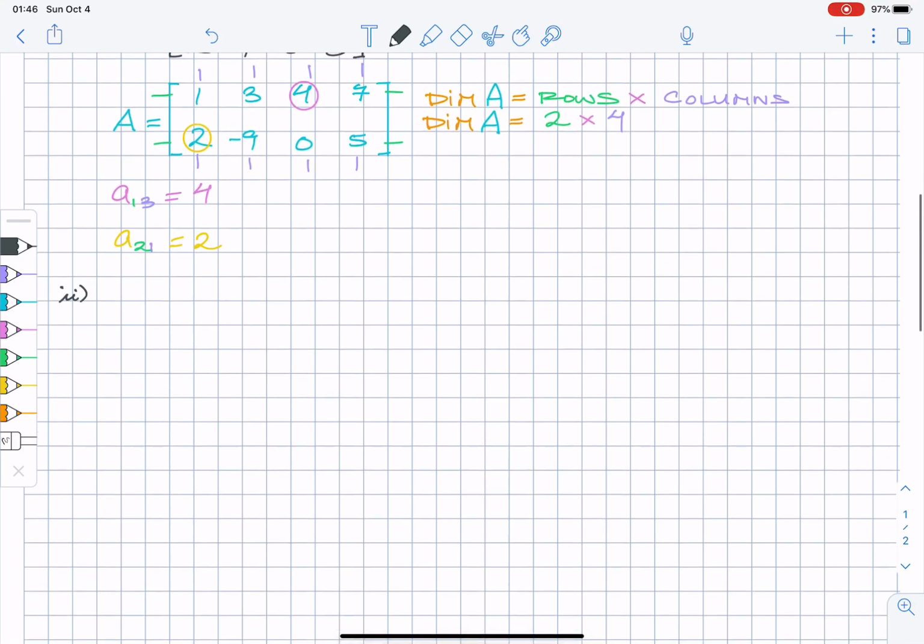So number 2. Let's say we have matrix B given as first column 1, 2, 3, then 4, 5, 6, then 7, 8, 9.